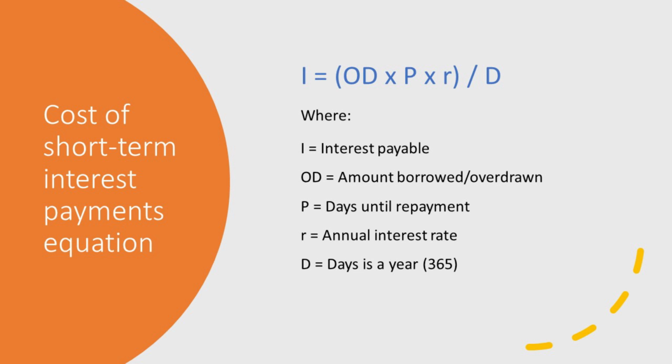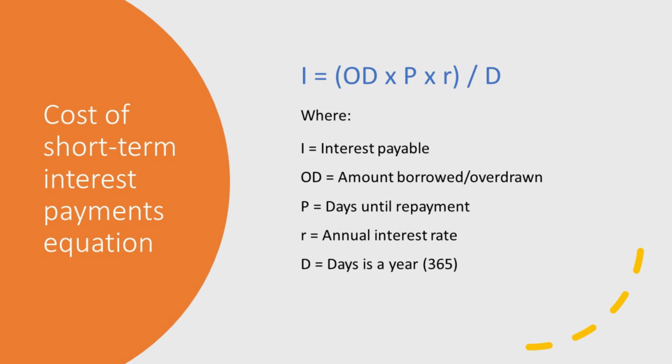I = OD × P × R / D, where I equals interest payable, OD equals the amount borrowed or overdrawn, P equals the days until repayment, R equals annual interest rate, and D is the days in a year, e.g. 365. Then sum the interest payable for each batch of feed purchased for the specific batch of fish. This is the total interest cost for the feed purchase.